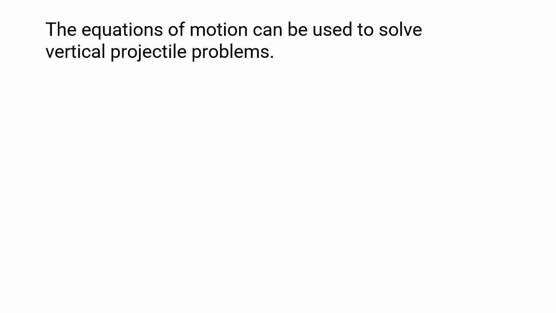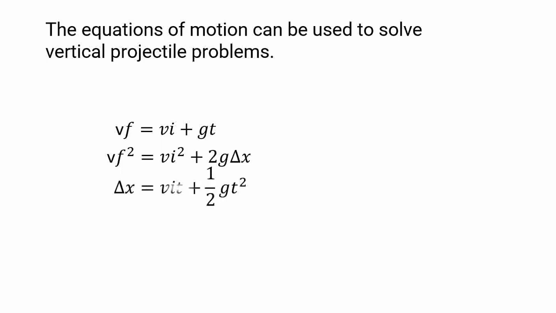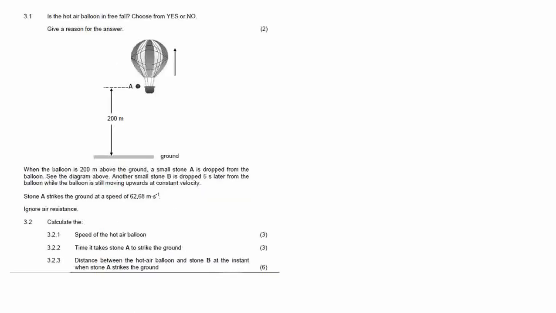Here are the equations that we use to solve vertical projectile motion, which we will be using to solve the following problem. The problem goes as follows. We are given a hot air balloon which is moving at constant velocity, and question 3.1 asks: is the hot air balloon in free fall?